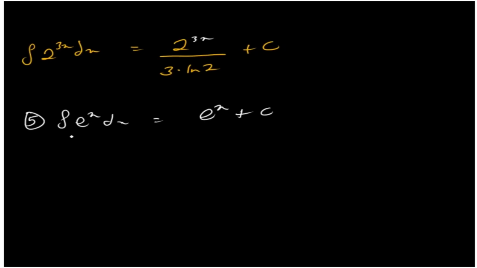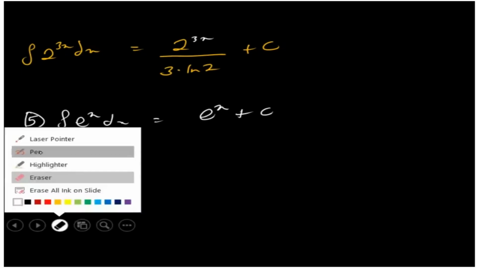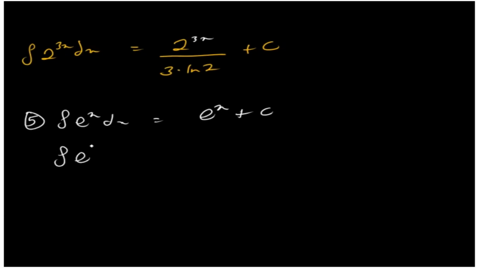So also, when you have e to the power of kx, just imagine there's a coefficient there, this is the same thing as e to the power of kx divided by k plus c.